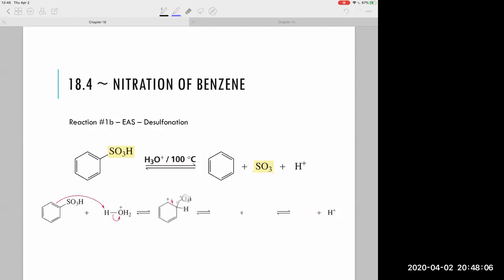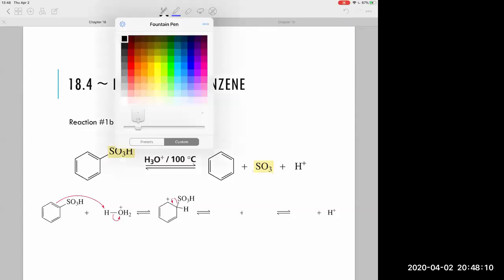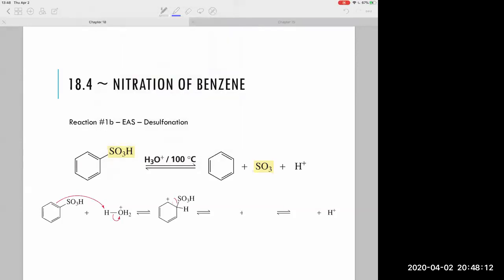We again form our carbocation intermediate, but since this is the reverse reaction, it's not the hydrogen that's going to be removed, it's that sulfonium group that's going to be acting as a leaving group.